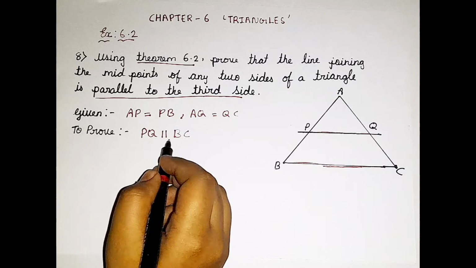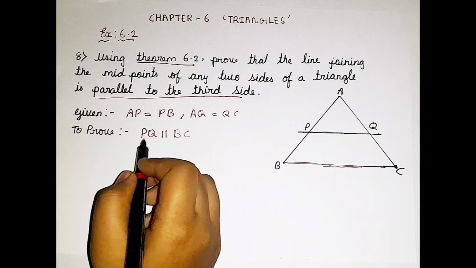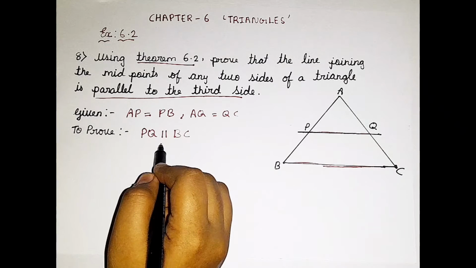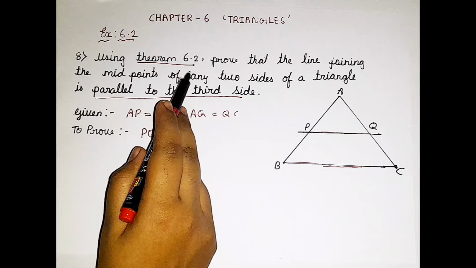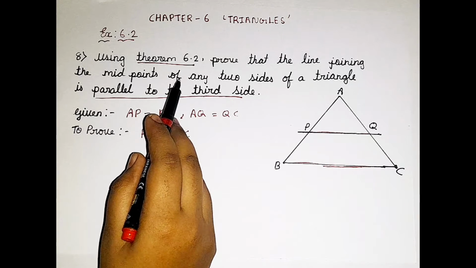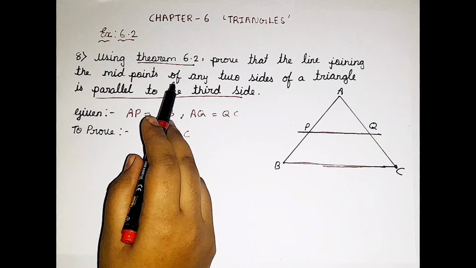So remember, whenever we have something to prove which is parallel, then we are supposed to use the converse. If the question itself mentions Theorem 6.2, then we are supposed to use the converse theorem. Converse theorem means we are supposed to prove that something is parallel.